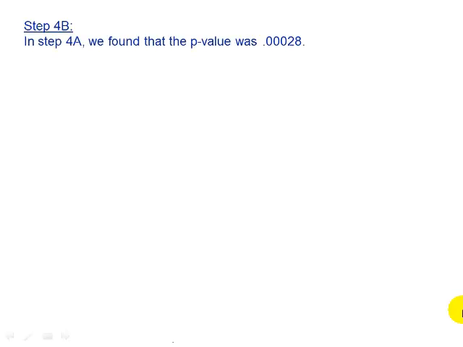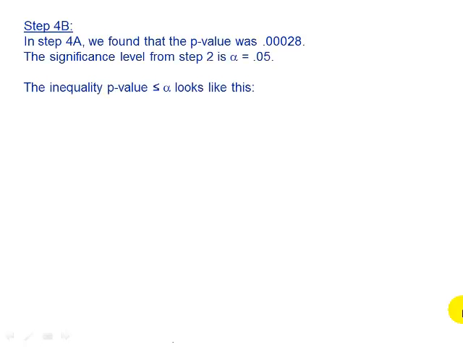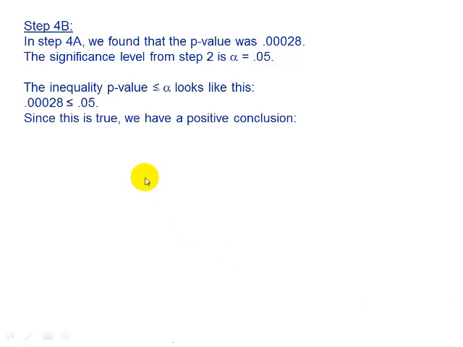Okay, so our next step is to compare our p-value to alpha and get our initial conclusion. Our p-value is 0.00028. Our alpha was 0.05. So our inequality looks like this. And this is a true statement since this value is less than or equal to 0.05.